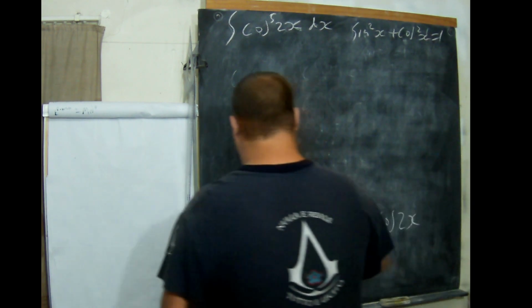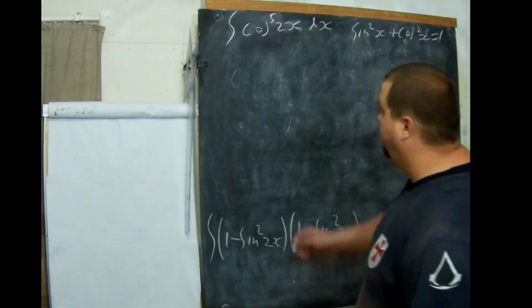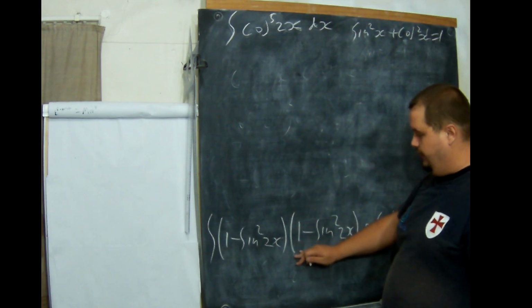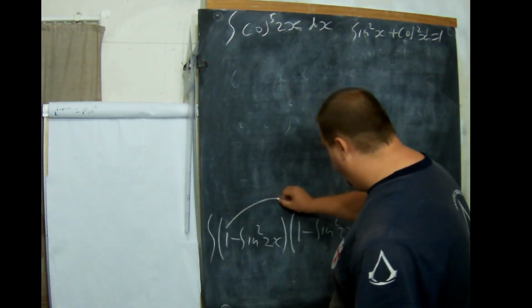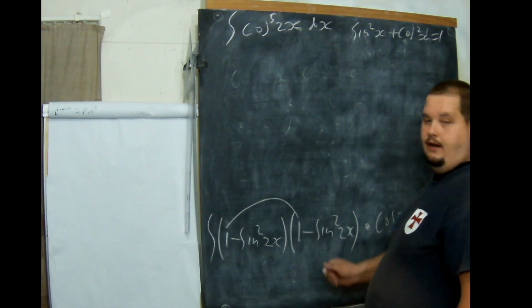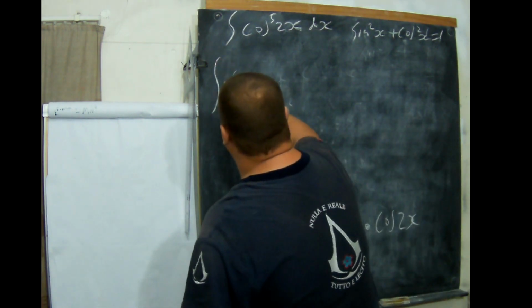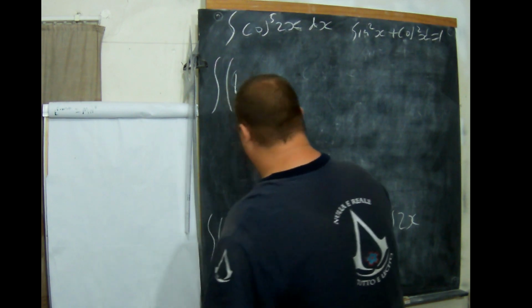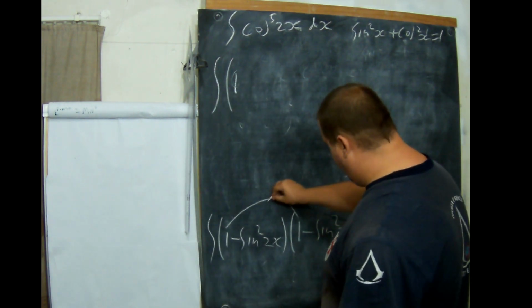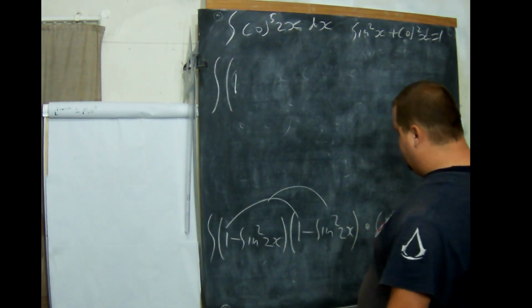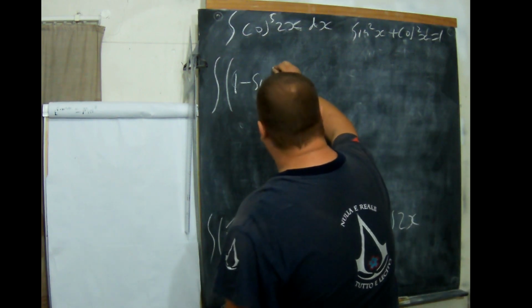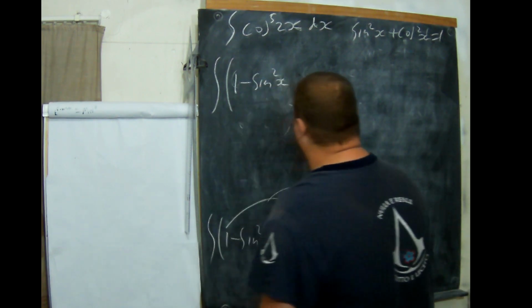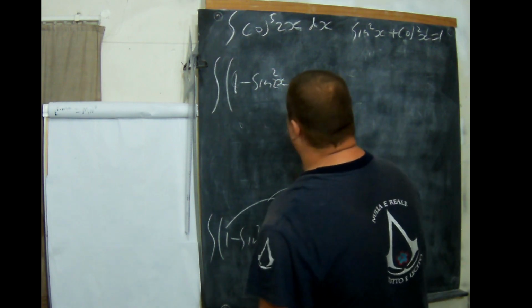Now I'm going to write above here, but we're going to work from below. 1 times 1 is 1. So we have the integral of 1. 1 times minus sine squared 2x is minus sine squared 2x.